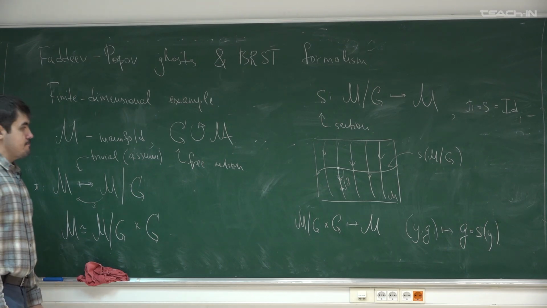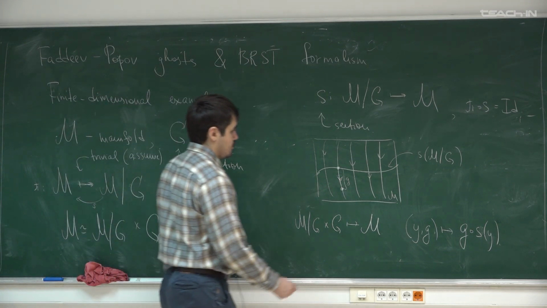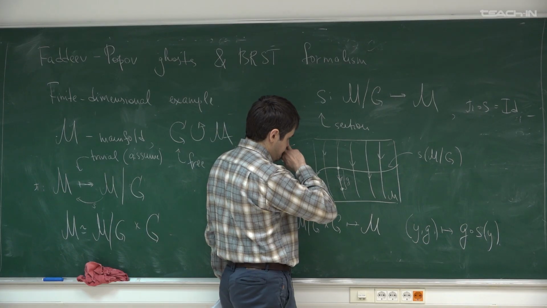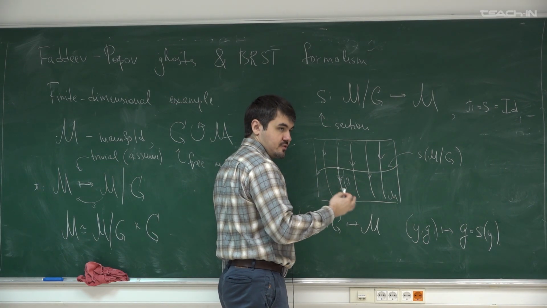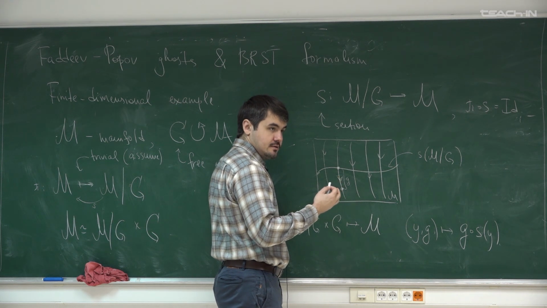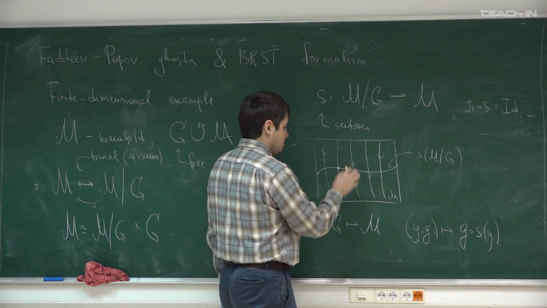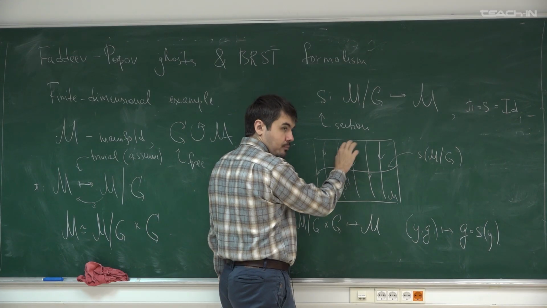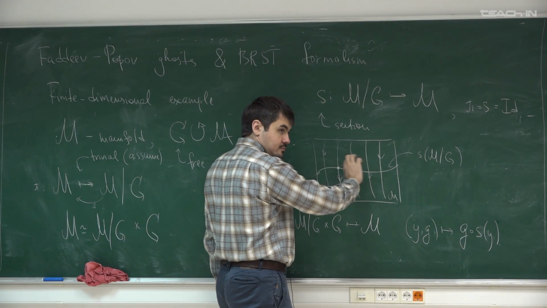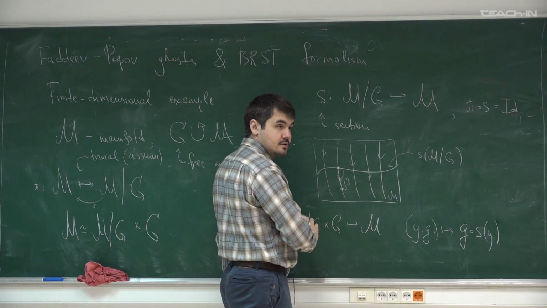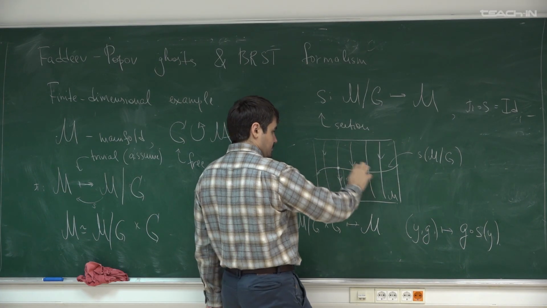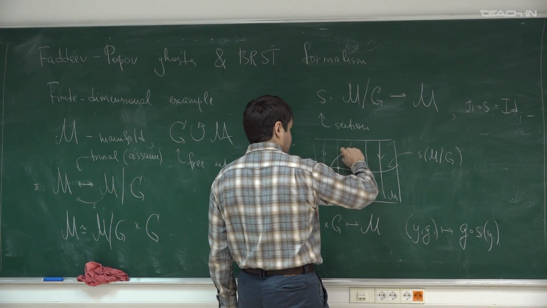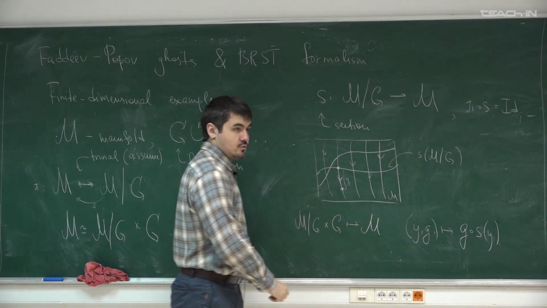Yeah, so the choice of this section is like the choice of representative in each gauge orbit, right? So these are the gauge orbits. In each gauge orbit, we choose some representative, some point, and altogether this becomes a submanifold, right? Instead of this, we could choose something else like that, maybe. That would be another section.